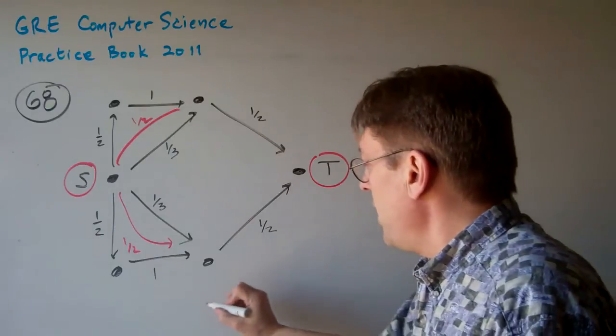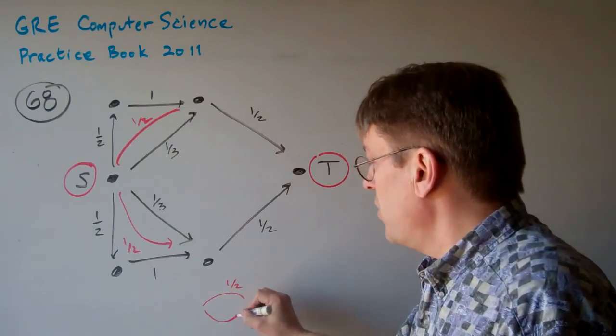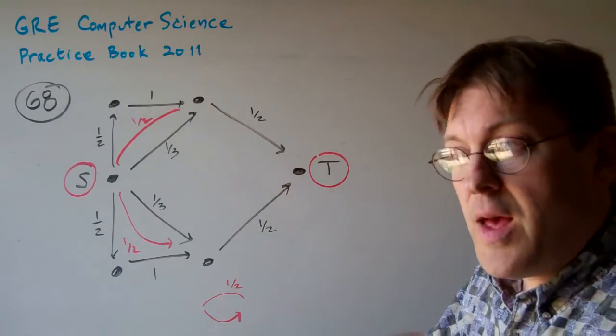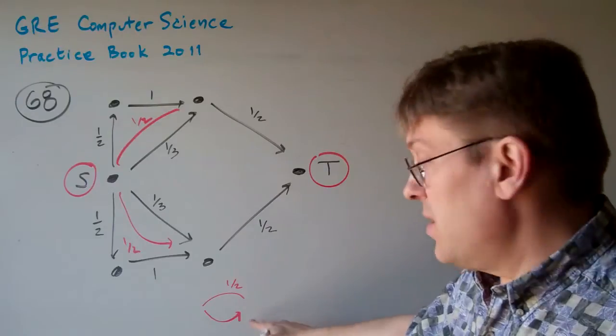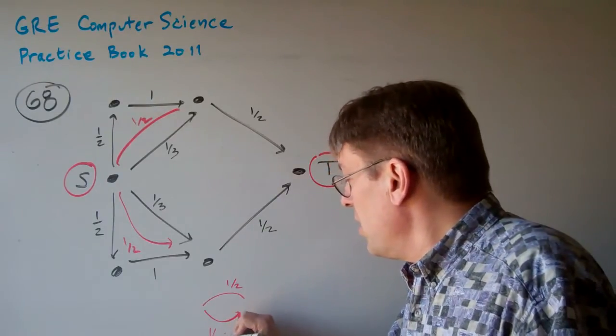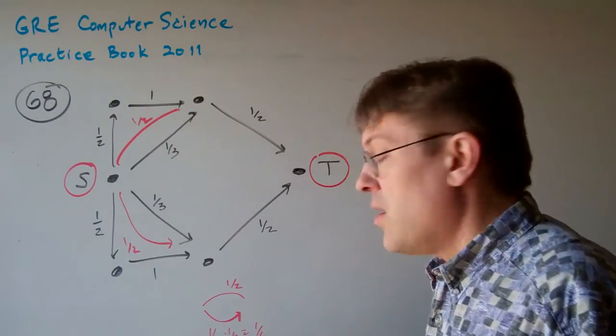If you have one path that's working half the time and another path that's working a third of the time, on the half of the time that this one's not working, this one's working a third of that. So it's basically 1/3 times 1/2, which is 1/6.